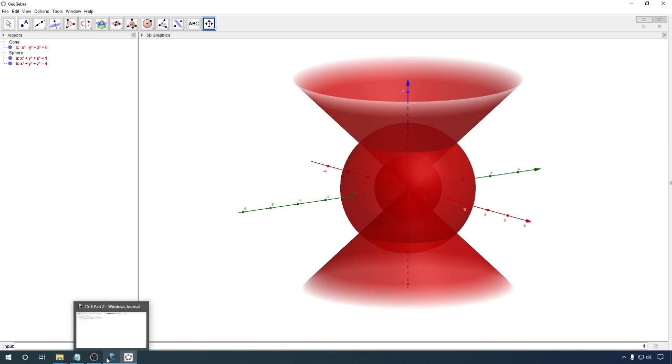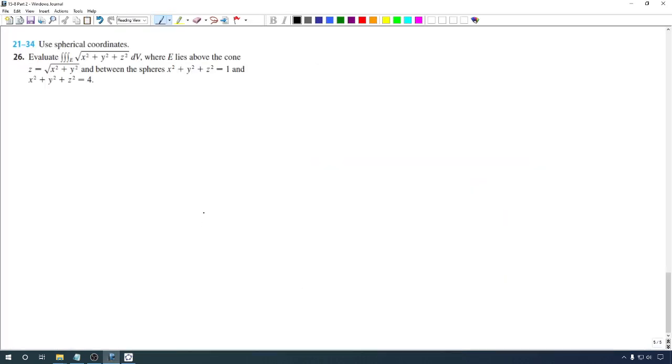Now, one thing to note here, we do need to convert this into a spherical wedge. Of course, there's no limits on our theta, so theta is definitely going to be between 0 and 2 pi. And it shouldn't be too hard to see that because we're dealing with the spheres with radius 1 and 2, rho is going to be between 1 and 2.